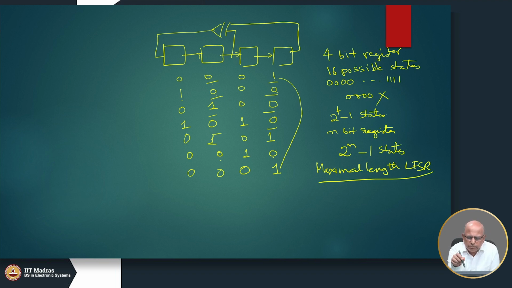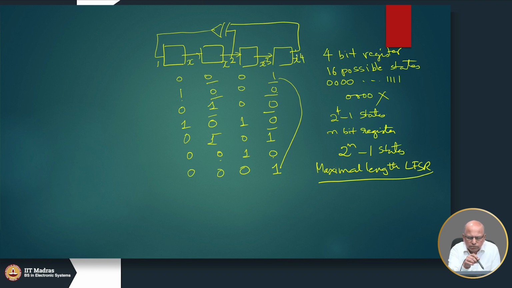Sometimes the feedback pattern, here I took the feedback of these two outputs, we sometimes write it like this. See, this term is labeled 1, this term is labeled x, this term is labeled x square, x cube and x power 4.